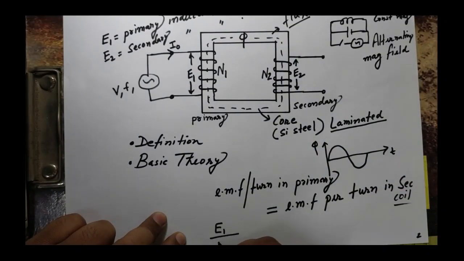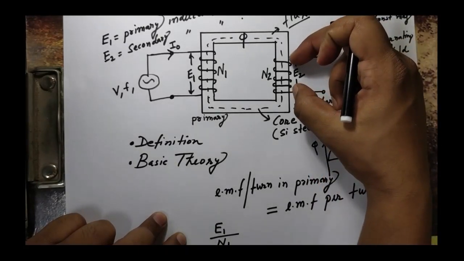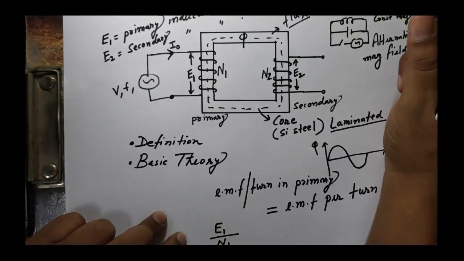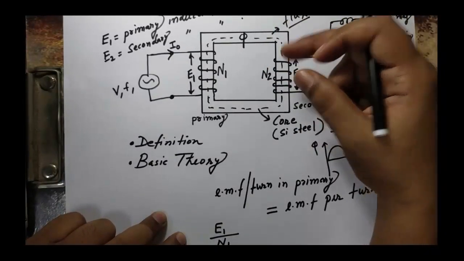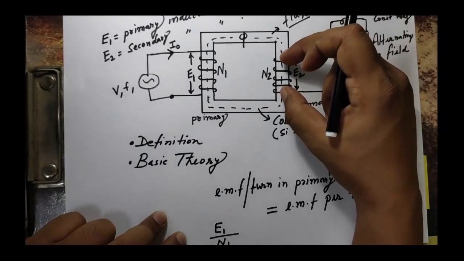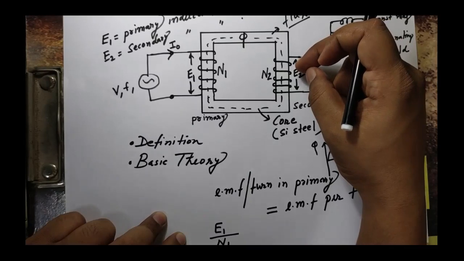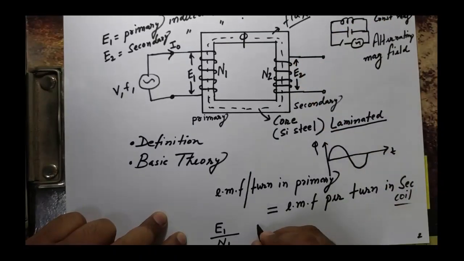Now what will be the EMF induced per turn in secondary? Similarly, the total EMF induced across N2 turns is E2, so the induced EMF per turn will be E2 by N2.